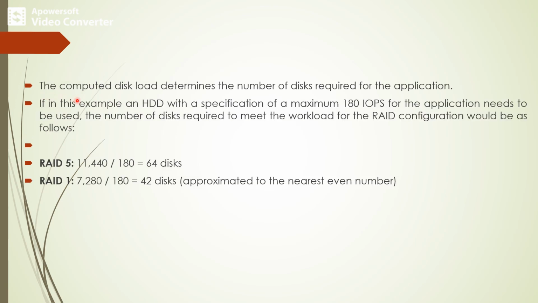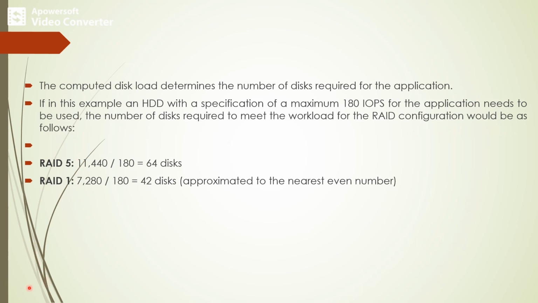The computed disk load determines the number of disks required for the application. In this example, an HDD with a specification of a maximum of 180 IOPS needs to be used. The number of disks required to meet the workload for the RAID configuration would be as follows.